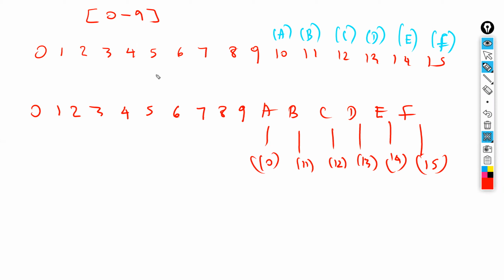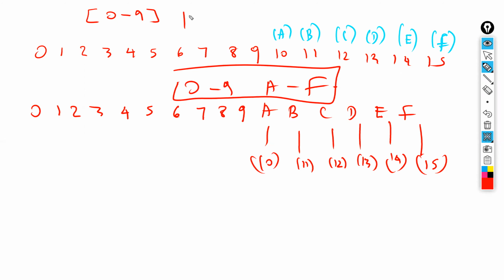That's how the digits come. Digits and characters, this is A to F, 0 to 9. This range is called the hexadecimal number system. I think you are clear on these things, right?